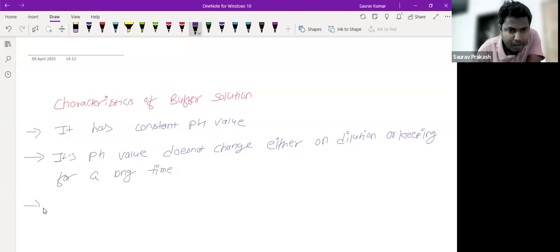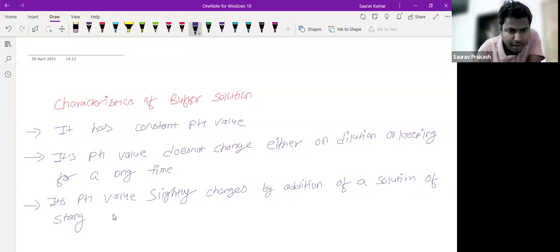Third characteristic: its pH value changes slightly by addition of a strong acid or strong base.